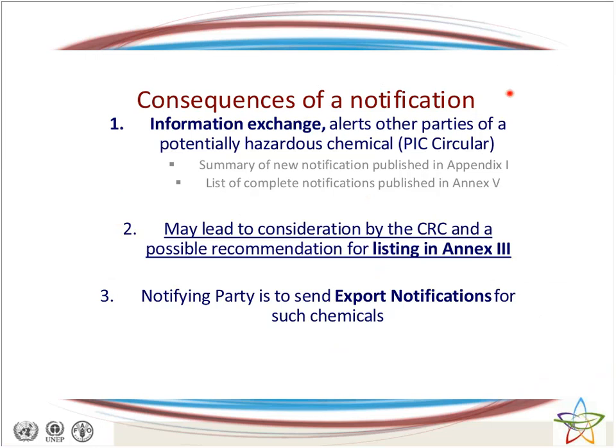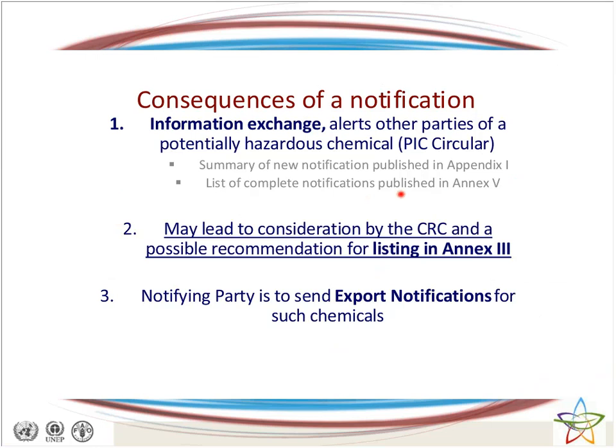So, as we have said before, the consequences of a notification are that the information exchange starts, and an alert is sent to all the parties of a potentially hazardous chemical through the PIC circular and through the summary of the new notification, which is published in Appendix 1 of the circular.